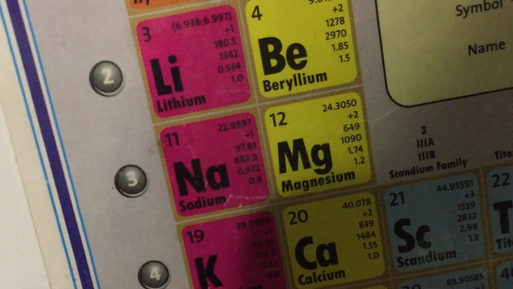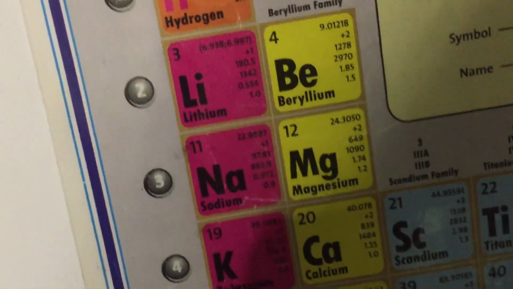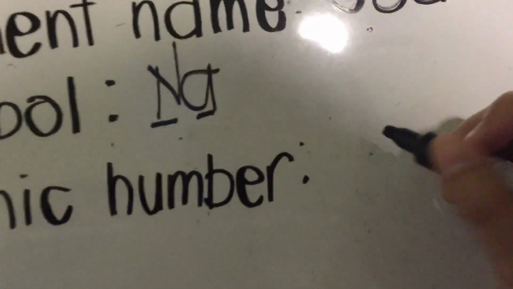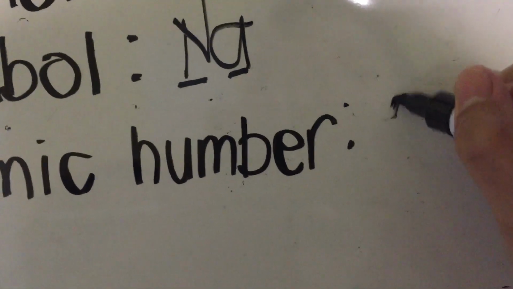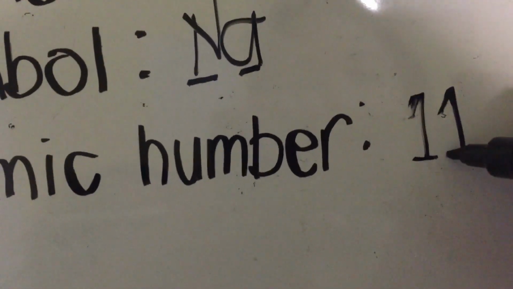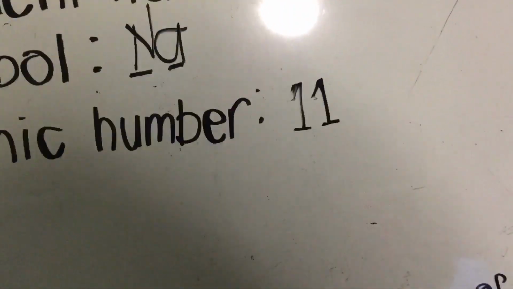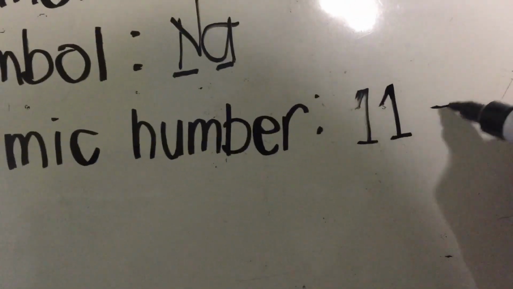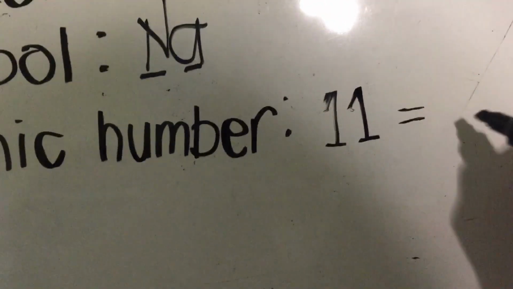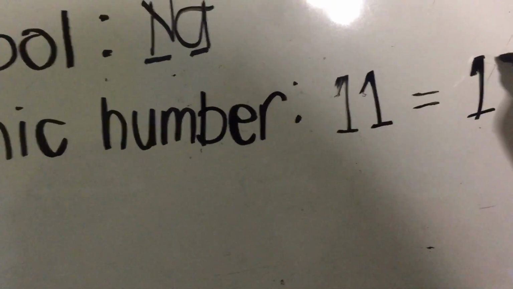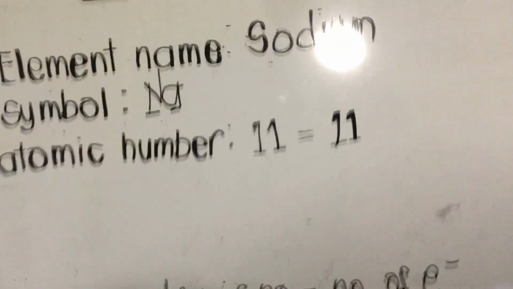Kasi ang mga element, meron silang kanya-kanyang atomic number. Okay? So, atomic number of sodium is 11. So, kung ang atomic number ni sodium ay 11, ibig sabihin nun, ang number of electron ni sodium ay 11 din. Okay? Kaya tinitignan natin yung atomic number ng isang element.